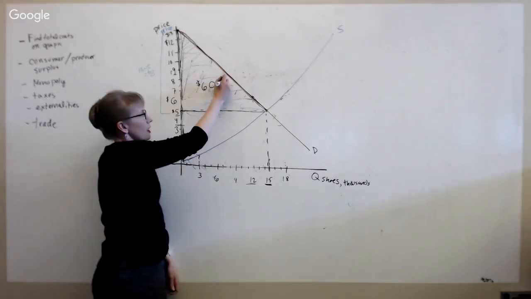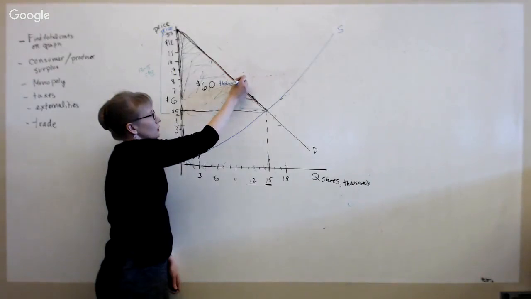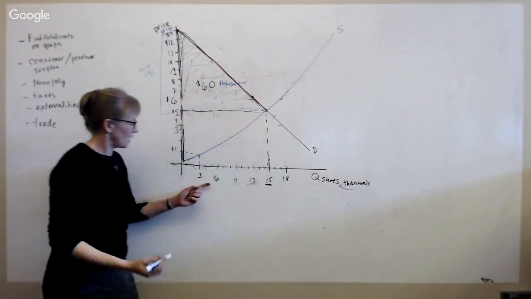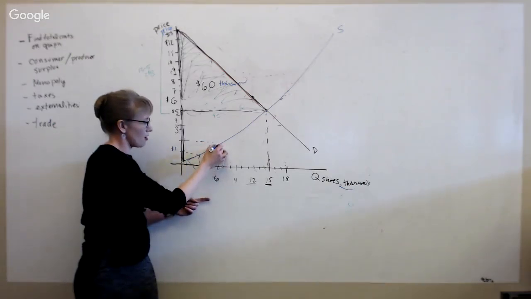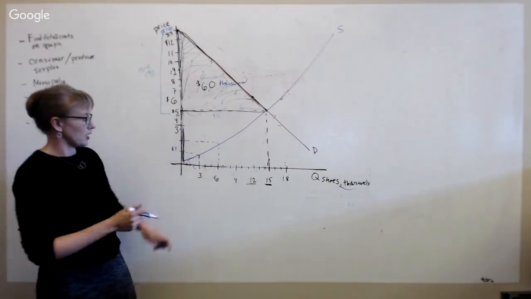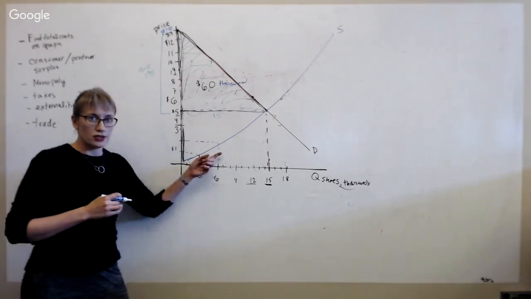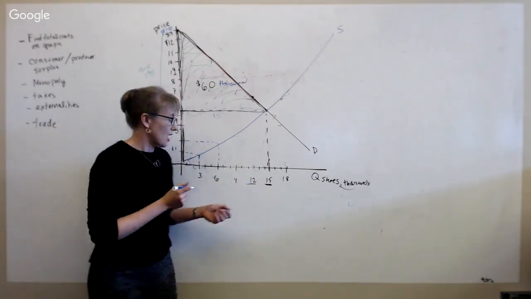This is in 1,000. Our units are in 1,000. If the price of shoes is $2, it looks like our firms are willing and able to bring 6,000 units of shoes to market, and so on.